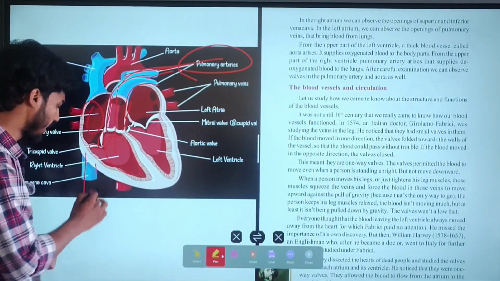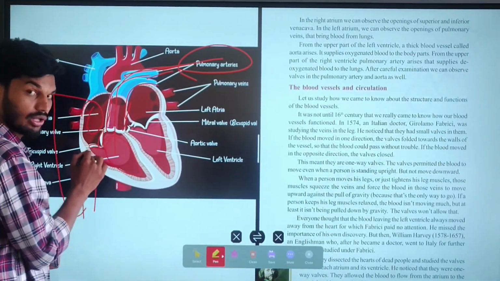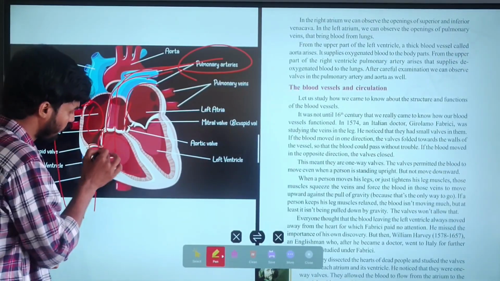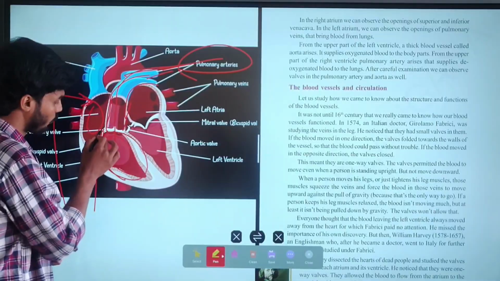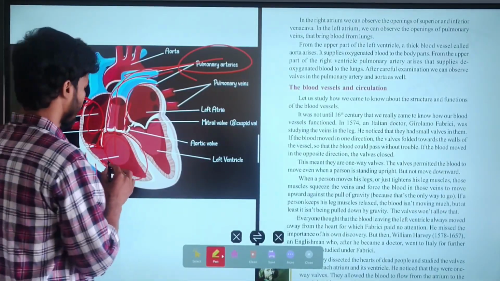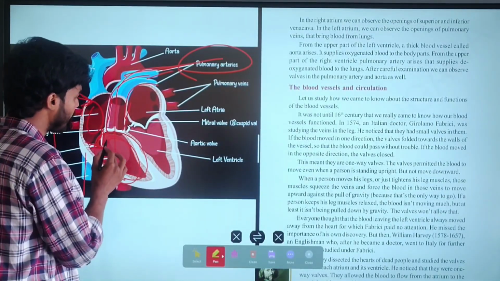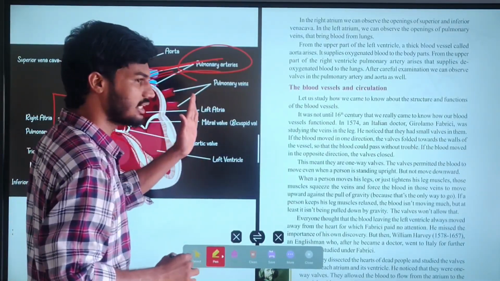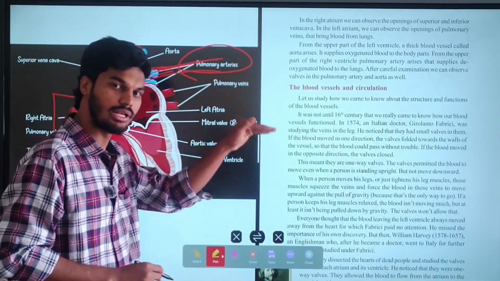Simply, the deoxygenated blood enters the heart through the right atrium and enters the right ventricle through the tricuspid valve. From the right ventricle, it enters the pulmonary arteries. From the pulmonary arteries, the deoxygenated blood travels to the lungs.